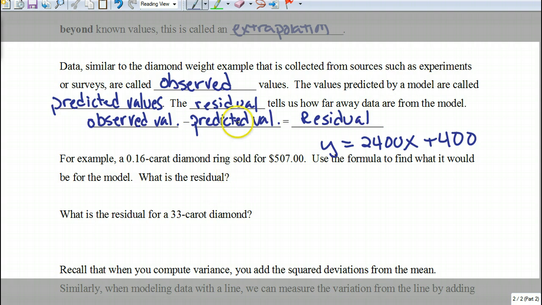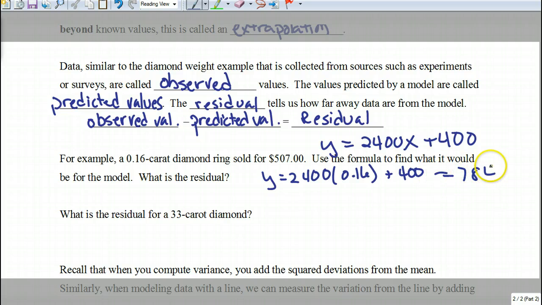So if I do that, I'm going to have y equals 2,400 times 0.16 plus 400. I get $784. But the price that they actually had for it was $507. So if I take 507 minus 784, which is our predicted value, I'm going to have a negative 277 residual.